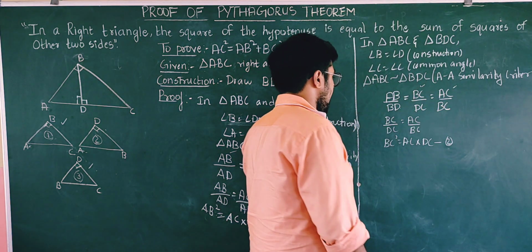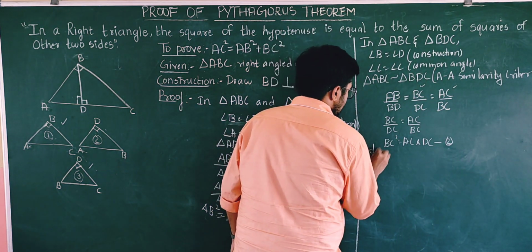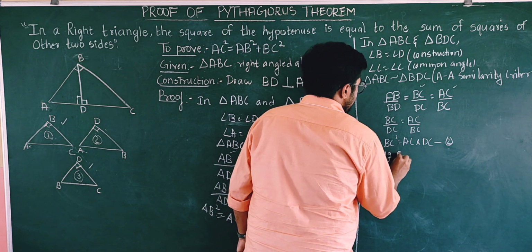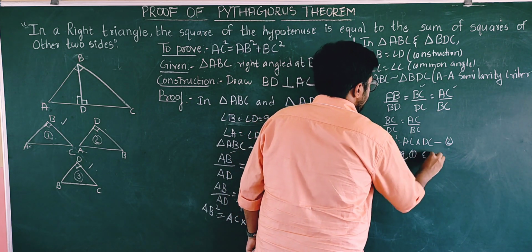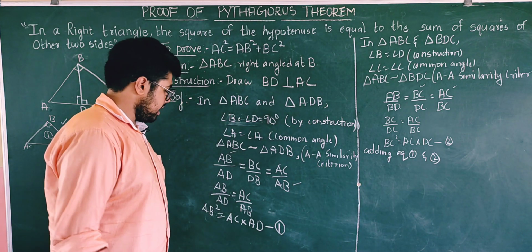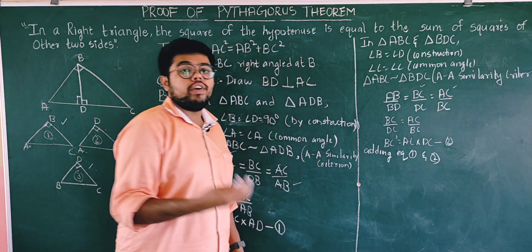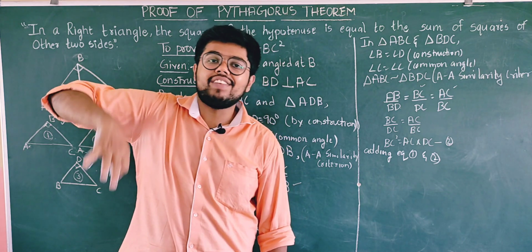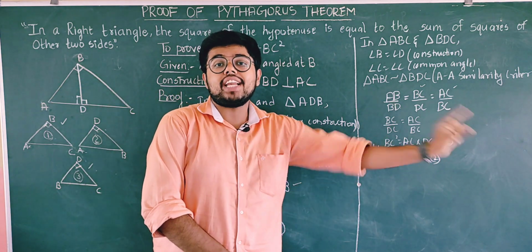So adding equation 1 and 2, what does it become? This is one equation, AB square. When you're adding, you have to add the left hand side with the left hand side, and the right hand side with the right hand side.